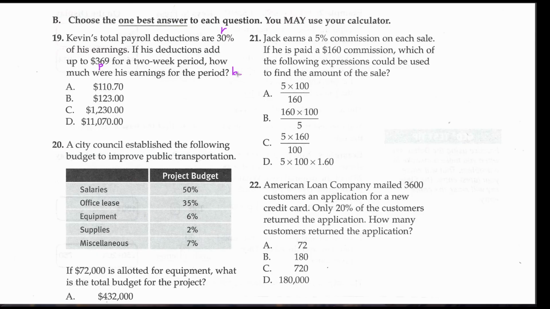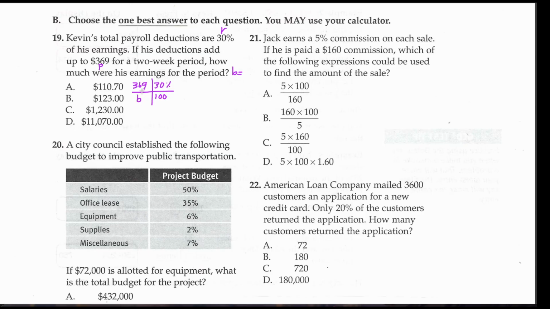That's the one that we don't know. That's the one that we're looking for. So on a big plus here, 30% goes up right, top right. And then 100, we know where it is. And the 369 goes here, and we don't know the base.